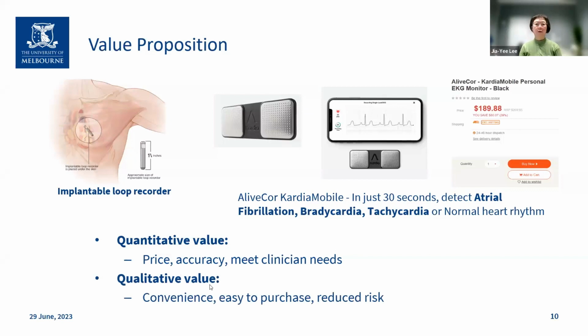The other thing for a customer like me is, when I bought AliveCore, it came within 7 days. It was convenient, it was easy to purchase, and the risk involved was significantly reduced. I didn't have to go into hospital. I didn't have to undergo a procedure. I didn't want to open myself up to risk of infection in hospital and so on.